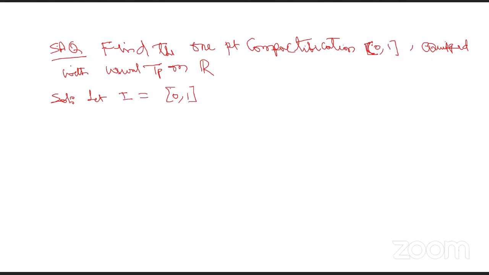I is the one point compactification of J = (0, 1].